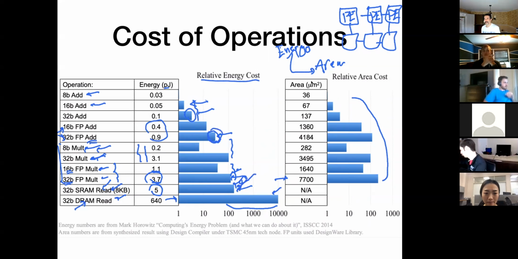So if you increase the precision for addition, it's not bad, because it is bounded by your multiplication anyway. It doesn't matter, and it's better to have higher precision when it comes to addition.